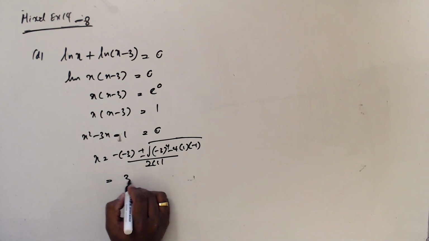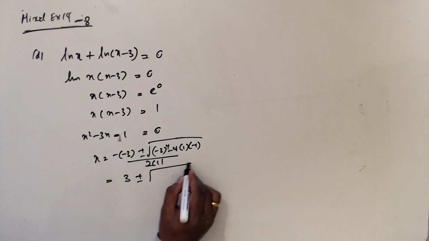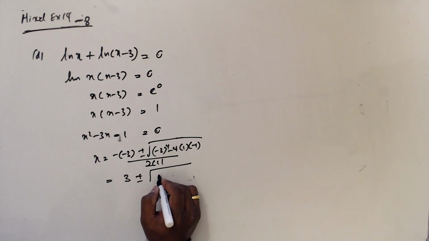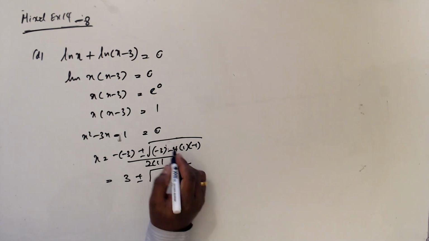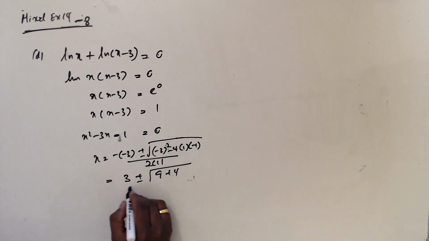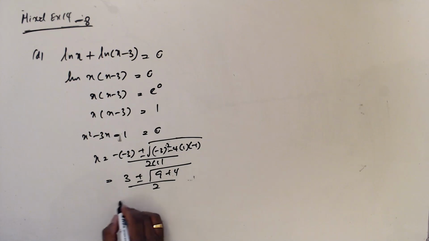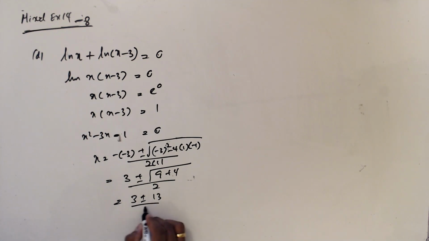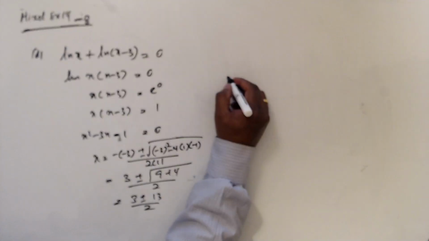So this is 3 plus or minus square root of b square, so 9 plus 4, over 2. 3 plus or minus square root 13 over 2.